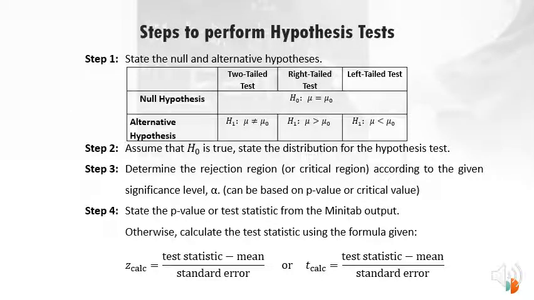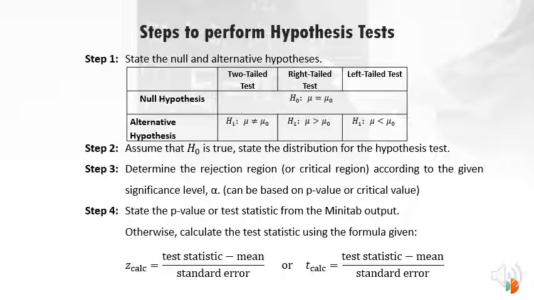Now we're going to look at the steps to perform hypothesis tests. Basically, there are 7 steps. Step 1. State the null and alternative hypothesis. We have to decide whether we want to use a two-tailed test, a right-tailed test, or a left-tailed test. Step 2. Assume that H0 is true, and state the distribution for the hypothesis test.